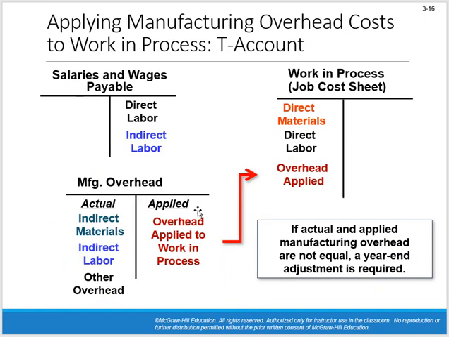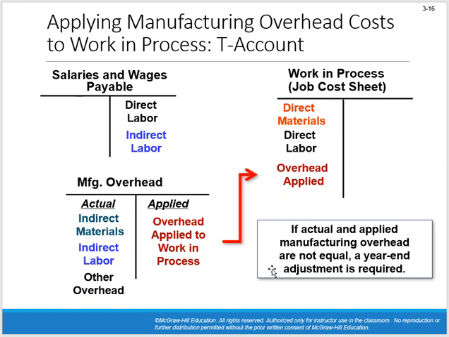So then we need to think about how we're going to apply MOH into WIP. We'll have to compute how much overhead we're going to apply to WIP, but we're going to be debiting WIP and then crediting MOH, bringing the balance down in MOH. And remember, at year end, we want the balance in MOH to equal exactly 0. So if actual and applied manufacturing overhead are not equal, a year-end adjustment is required.